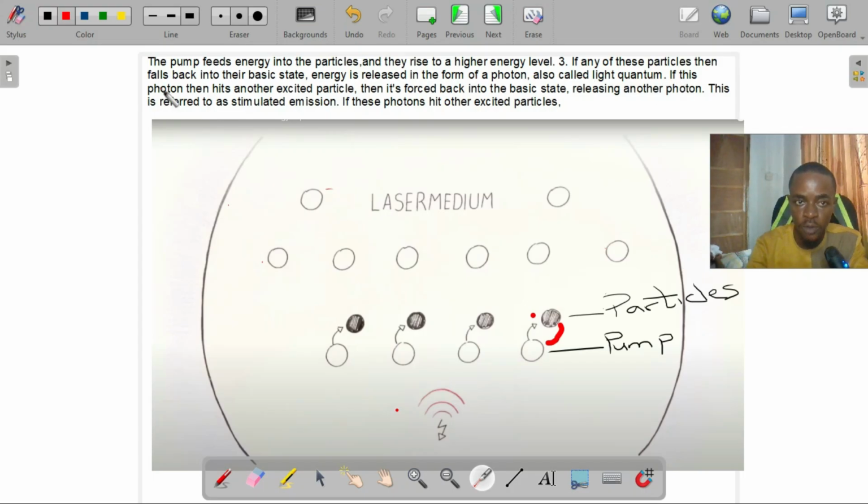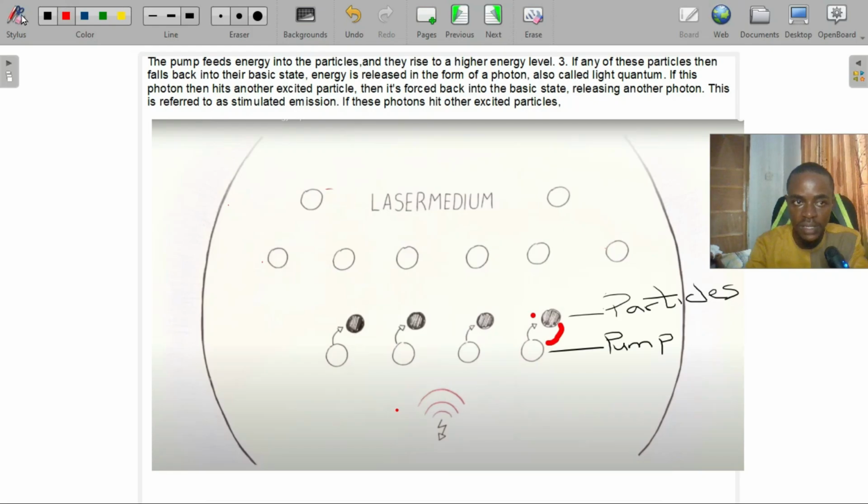If this photon then hits another excited particle, it is forced back into the basic state.